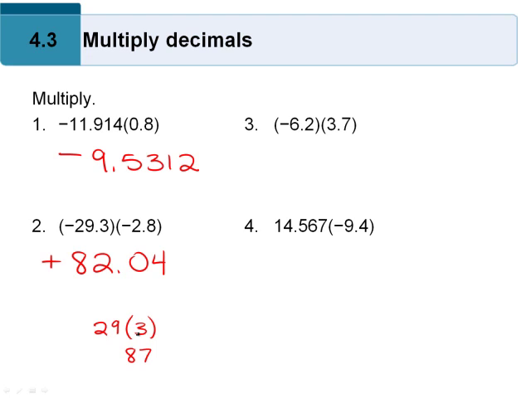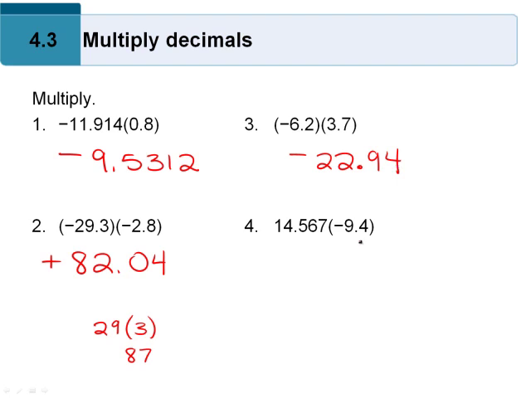Look at the next one, negative 6.2 times 3.7. So the signs are different, which means the answer is going to be a negative. And then multiply 6.2 times 3.7, and you get negative 22.94. Okay? And number 4, 14.567 times negative 9.4.